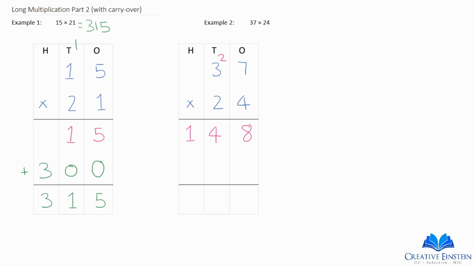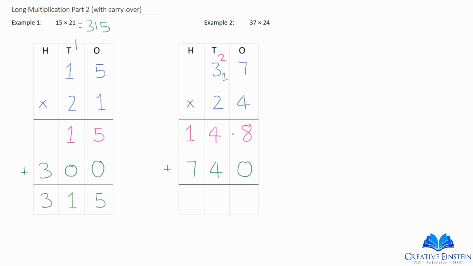Now remember, the first thing that we're doing next is putting down a 0. Now we're doing 2 times 7. 2 times 7 is 14. So this time I'm going to put my 1 down here so I don't get my 1 and 2 mixed up. So 14. Then I'm doing 2 times 3. 2 times 3 is 6 plus that extra 1 and I get 7.